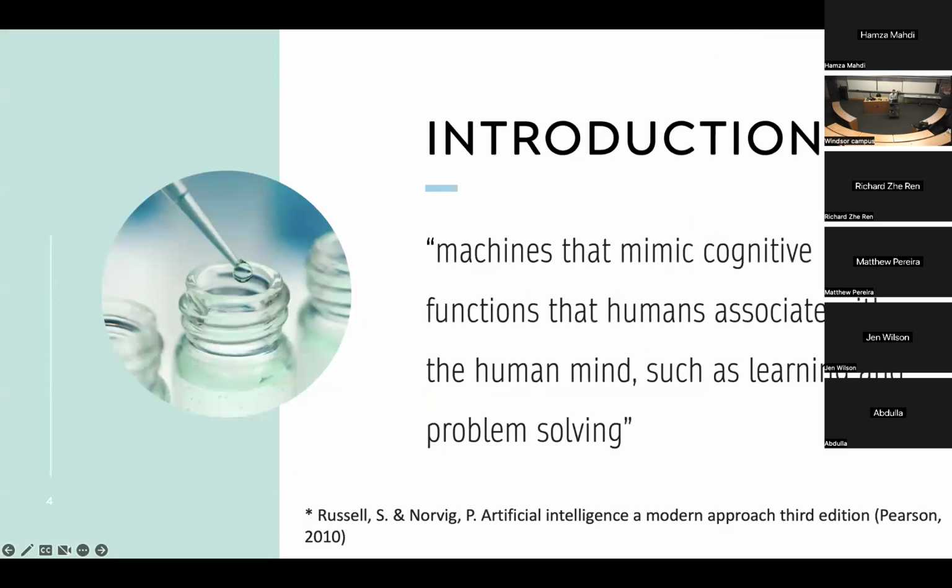So just before we get started, just wanted to define AI, so we're all talking about the same thing. I like this definition from this book: machines that mimic cognitive functions that humans associate with the human mind, such as learning and problem solving.